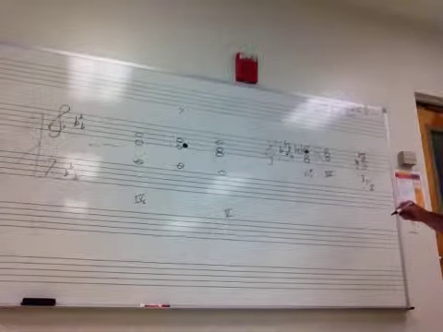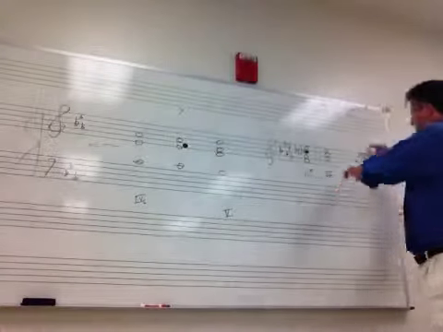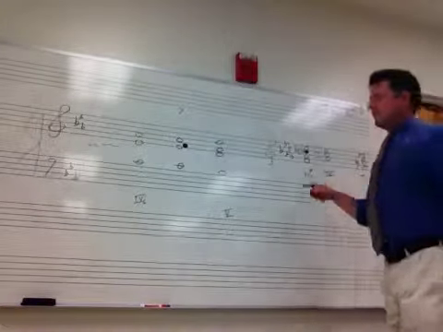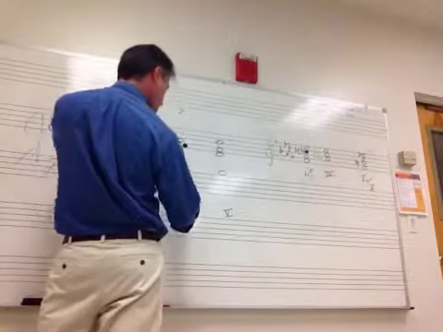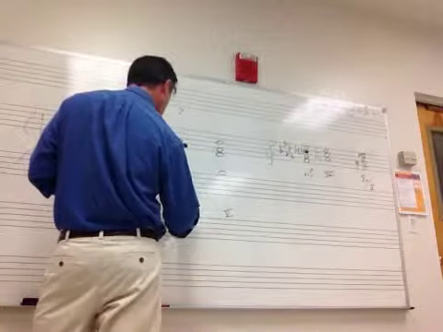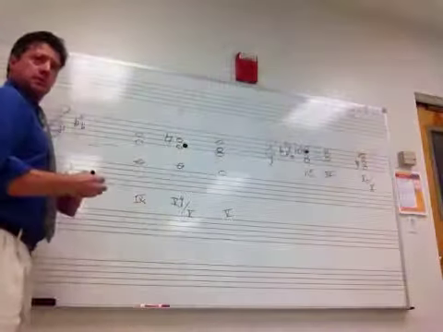Does that make sense? Okay, and so if we were going to take this concept of 5/7 of 5 and place it here in this inversion, it would now be 5/4/3 of 5, and that would require the A natural.